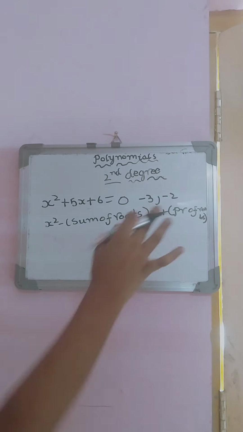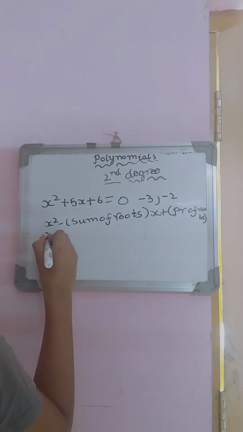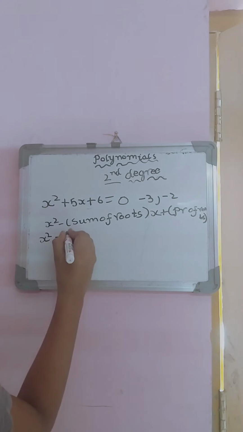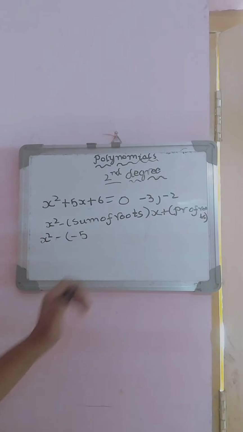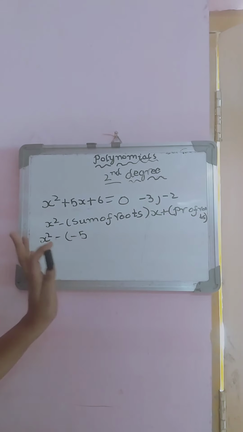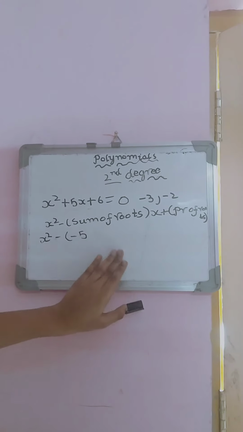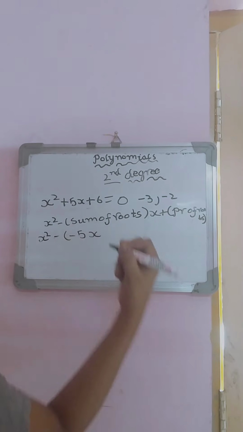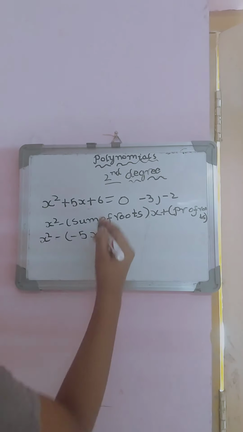Let us see how to do this. x square minus, keeping this side, -3 plus -2, the sum of roots, is -5, so minus 5x.